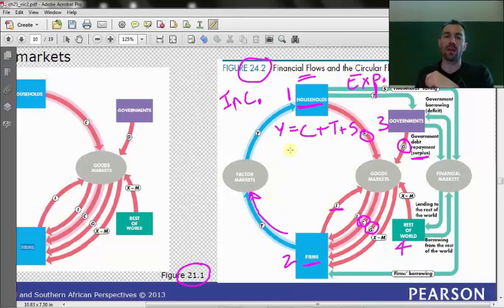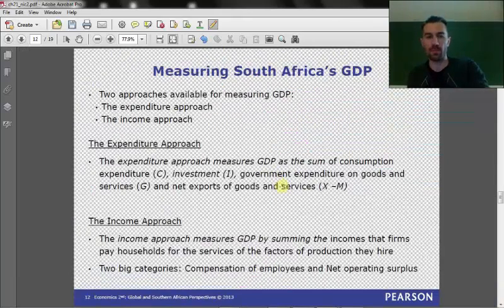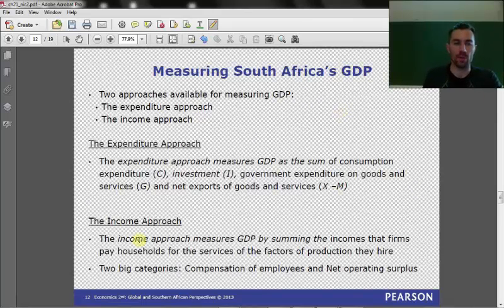We don't show on here exactly what kind of incomes you earn, but what we'll talk about now is the fact that when we talk about the income approach, you measure GDP by summing up all the different types of income that a firm can generate within an economy. The two major categories of the income approach are compensation of employees, in other words, wages, and the second is net operating surplus, which basically means firm's profit.